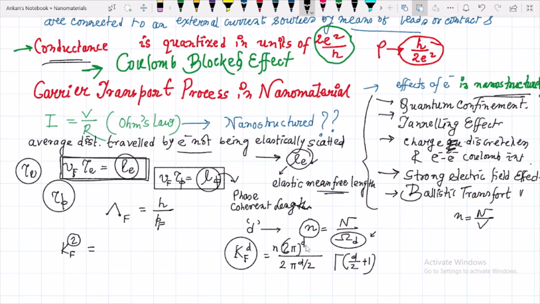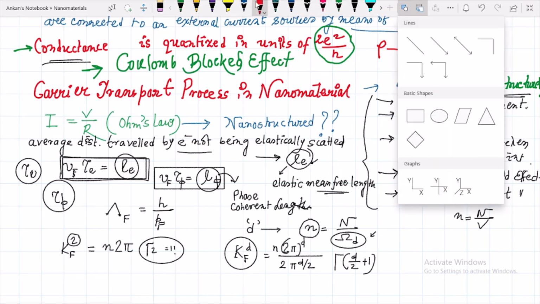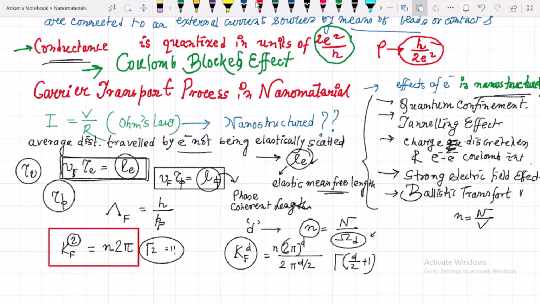If we assume the two dimensional case and put the value of d equal to 2, then there will be pi and 2, and gamma 2 means 1 factorial, so the only term that survives is: for two dimensions, the Fermi wave vector is nothing but 2 pi n. This will be used later.